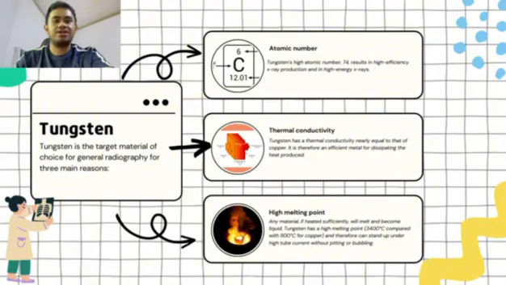This makes it efficient at dissipating the heat produced during X-ray production, preventing damage to the anode. Lastly, tungsten has a high melting point. These characteristics allow tungsten to withstand high tube currents without pitting or bubbling, ensuring the longevity of the anode.